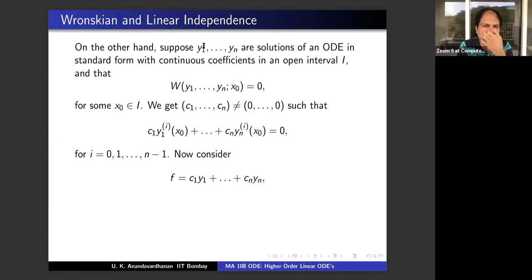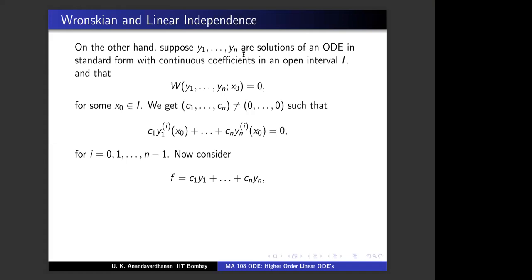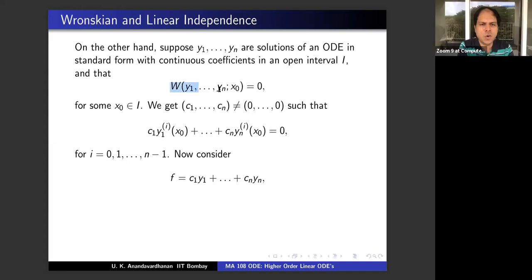What is my claim? If y1 etc. are solutions of the ODE, and if the Wronskian is 0 at one point, what is the claim from the title? y1 etc. yn are linearly dependent, because the Wronskian is 0.